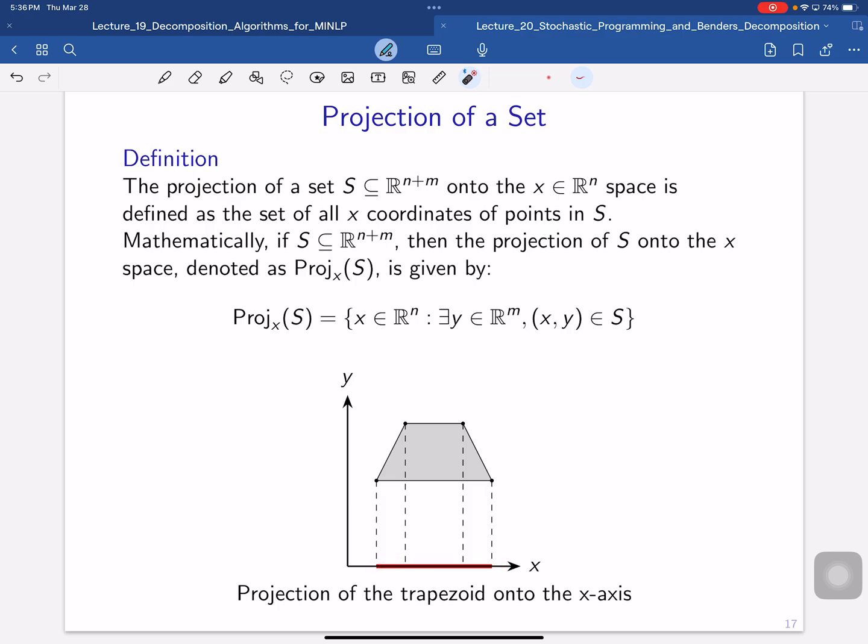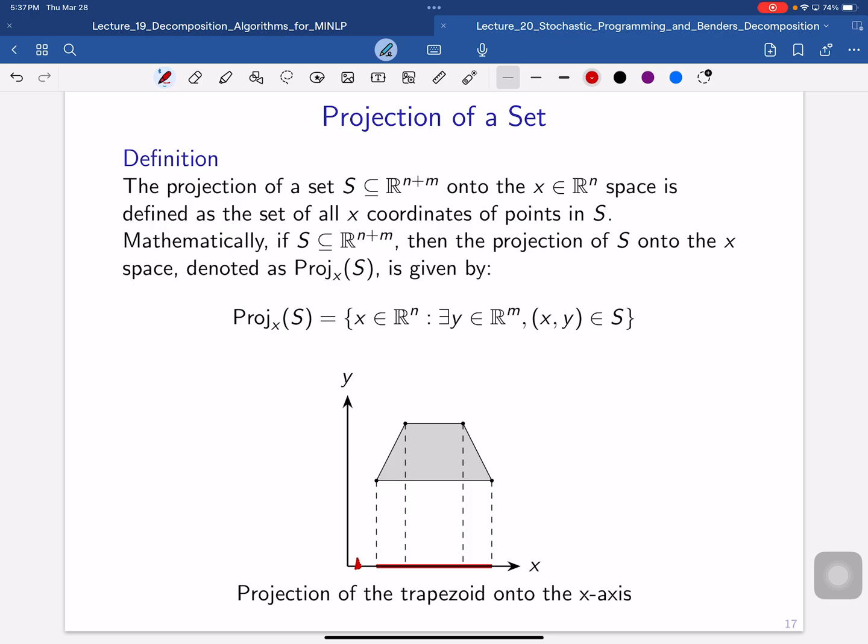Basically, what I need for the projection is, if I pick an arbitrary point here, let's say I pick this point here, then I will look at this set saying, is there any point whose x-axis equals this value here? There is no point in this set whose x value is equal to this particular value here, right?